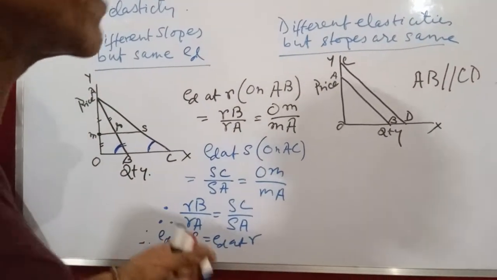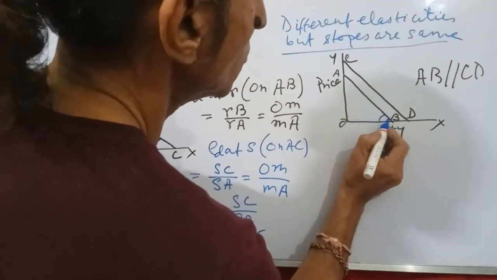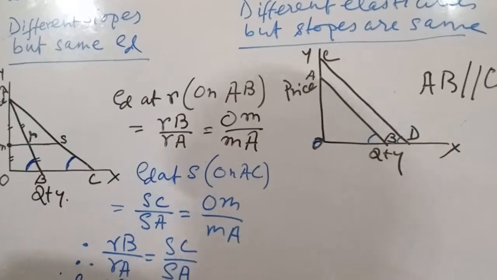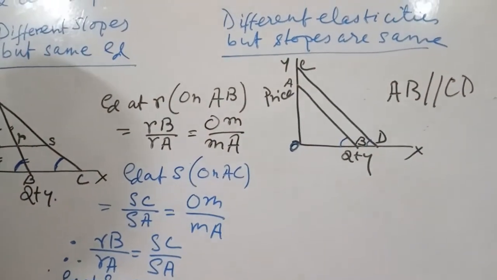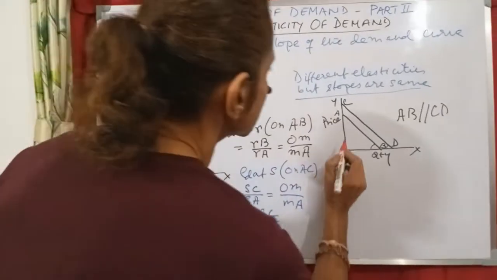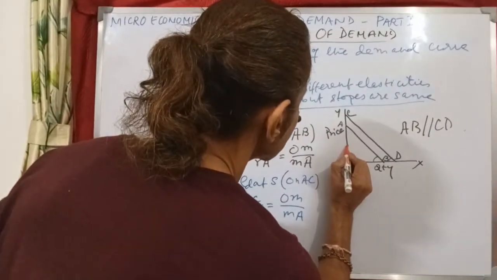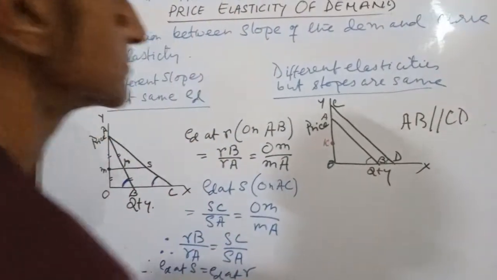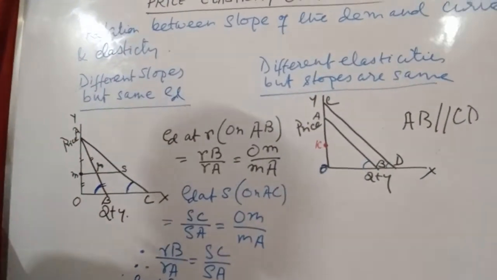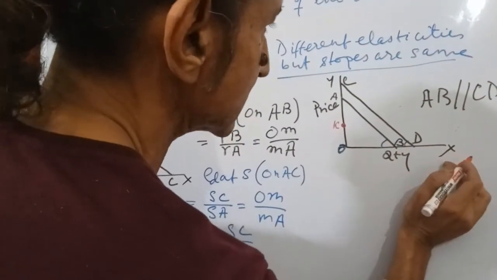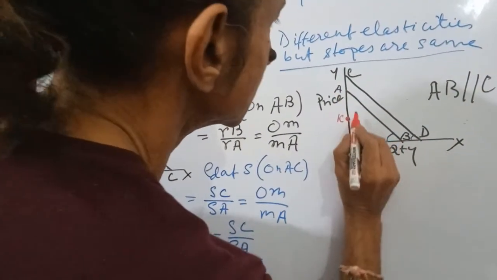These angles are the same. Angle ABO equals angle ADO. So AB and CD are parallel to each other. Now consider point K. We draw a line parallel to the x-axis cutting AB and CD.